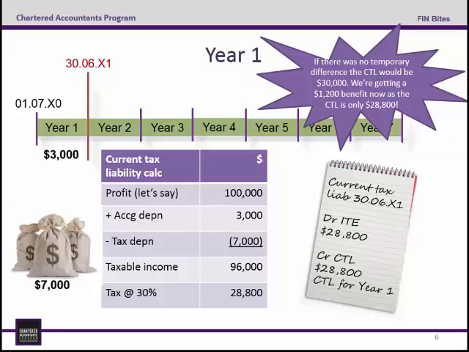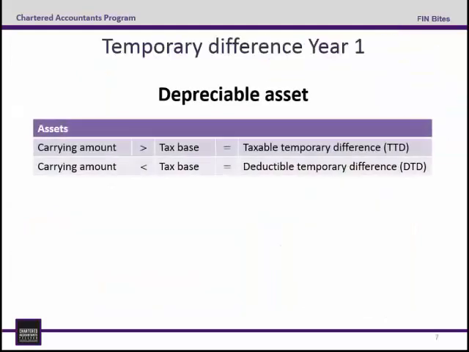So why are we only having to pay $28,800? It's because of that temporary difference, that differing time frame over which we're depreciating for tax and accounting purposes. So looking at page 4-11 in your CSG, we've got the formula for working out whether a temporary difference in relation to an asset gives rise to a taxable temporary difference or a deductible temporary difference.